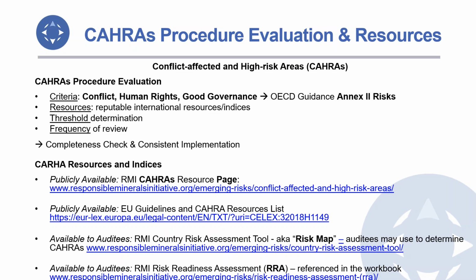You can find that information by going to RMI's CAHRAs resource page. There's a long list of various internationally accepted resources to determine CAHRAs. There is also an EU guidelines and CAHRAs resource list that the European Commission has put out.